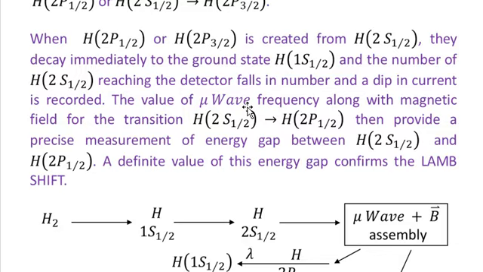The value of the microwave frequency along with the magnetic field for this transition can then provide a precise measurement of the energy gap between H 2s1/2 and H 2p1/2. A definite value of this energy gap gives the Lamb shift.